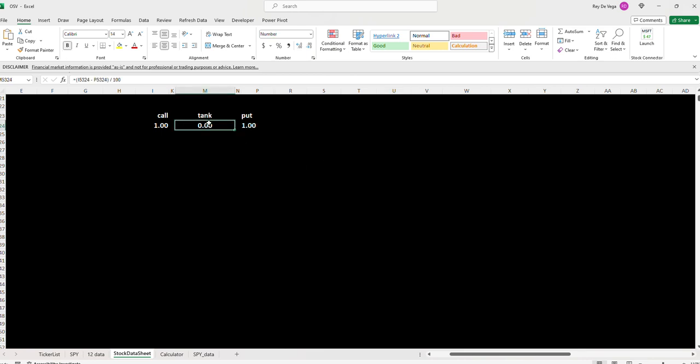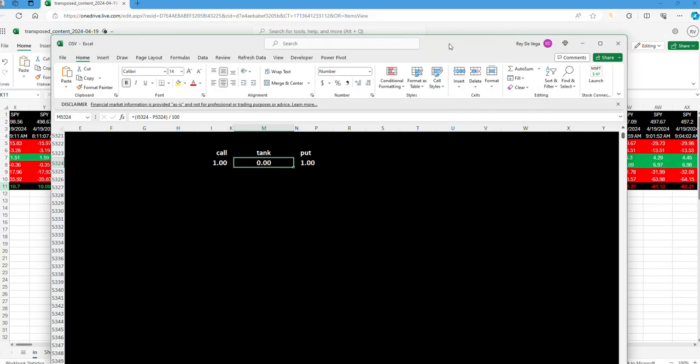Okay, so this is the tank value. This is that number you see at the bottom of that screenshot. So really, zero is the neutral zone, right? And if put is getting stronger, it would look like this, right? See how that turned into negative? That means it's below zero.